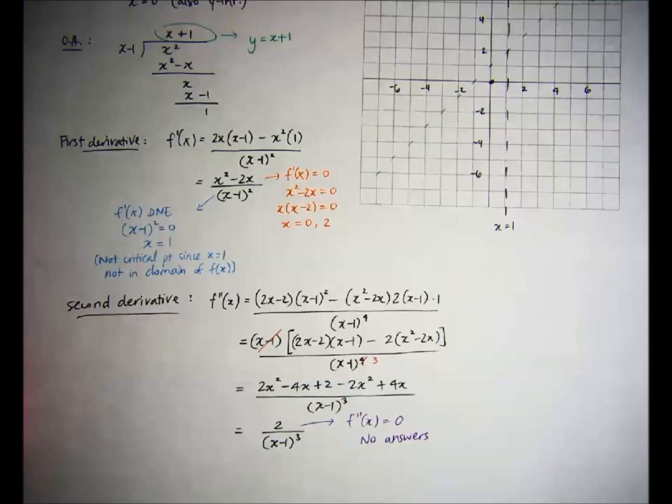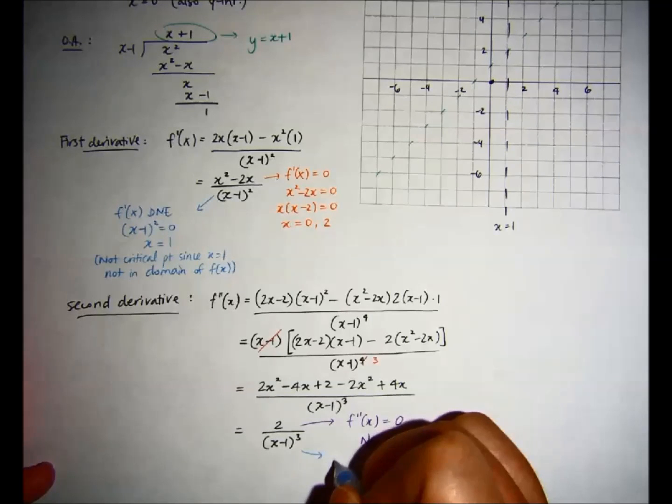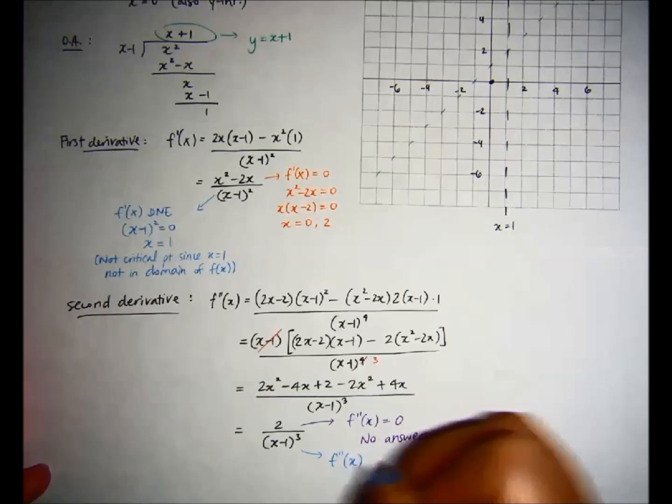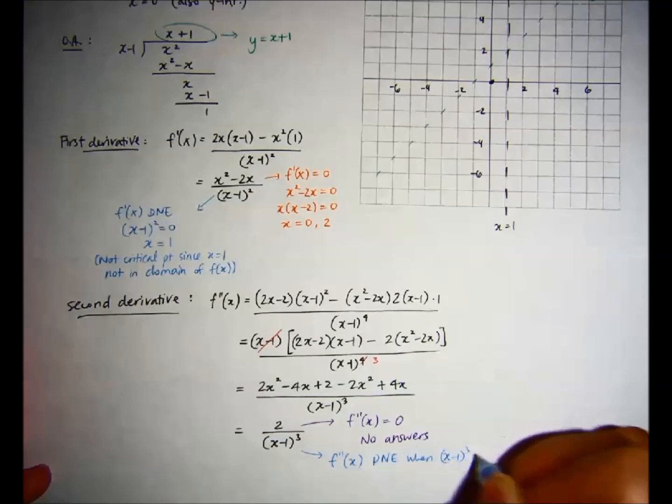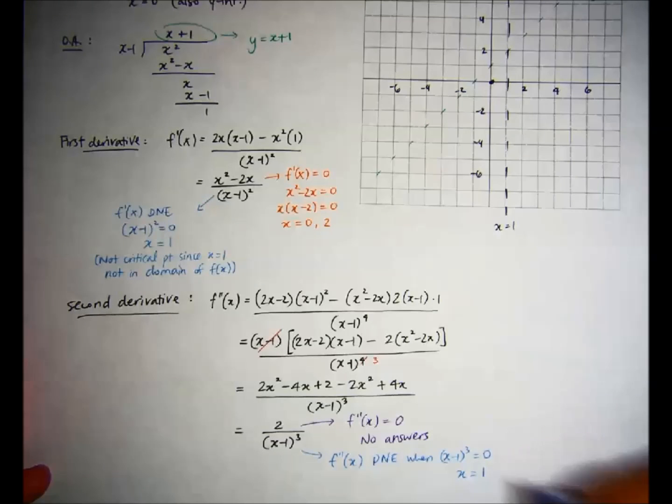Okay. And then we can see that, just looking at the denominator, the second derivative will not exist when x minus 1 cubed is equal to 0. So that means when x is equal to 1.